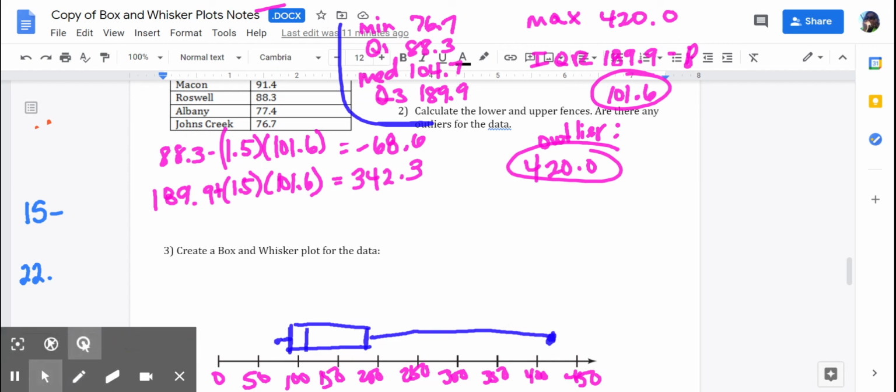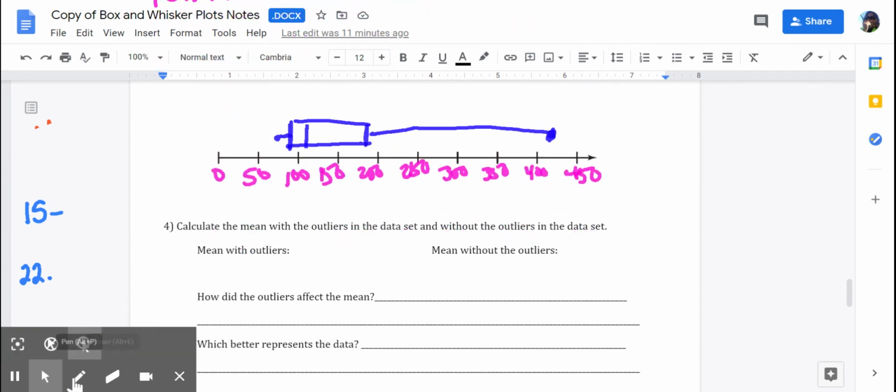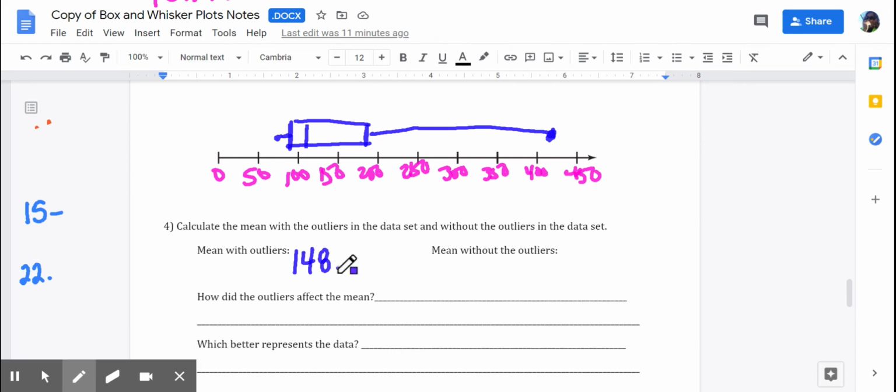The next question they're asking me is to calculate the mean with the outliers and also to calculate the mean without the outliers. So if you go back and hit data, you should still have all these numbers in. All you want to do is hit second data, one variable stats, and then find X bar. You should find the mean for this data set to be right now 148.19. Now to calculate the mean without the outliers, I go back and hit data.